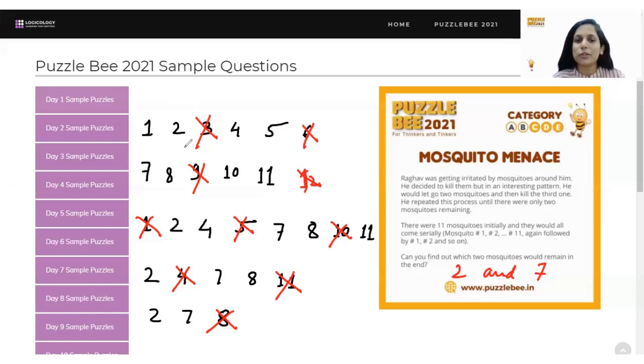Maybe, after 2 and 7 being the only surviving ones, 2 is safe, 7 is safe, then 2 will come again and 2 will get killed. 7 is safe, but 7 will keep coming again and again. So maybe in the third trip, 7 will also get killed. So we are not stopping at 2 mosquitoes. What happens if all 11 are to be killed? How many entries would they be making near Raghav? That is my follow-up question for all of you.